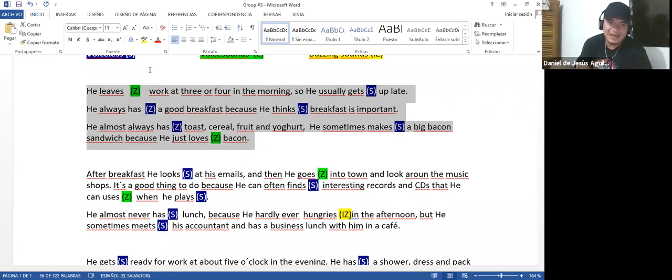He always has a good breakfast because he thinks breakfast is important. He almost always has toast, cereal, fruit, and yogurt. He sometimes makes a big bacon sandwich because he just loves bacon.